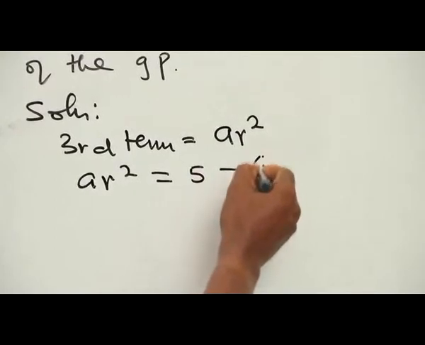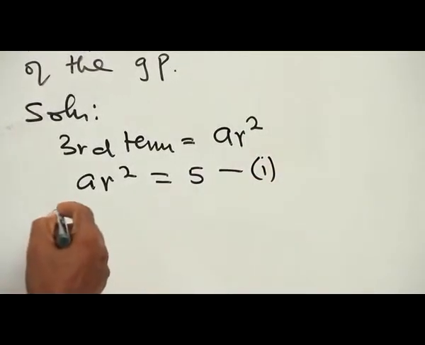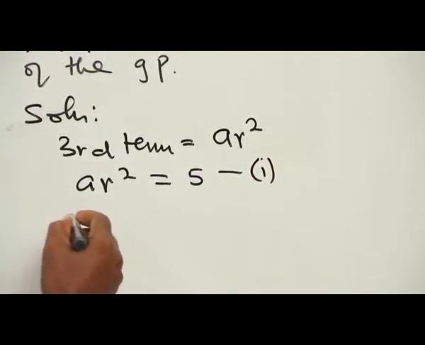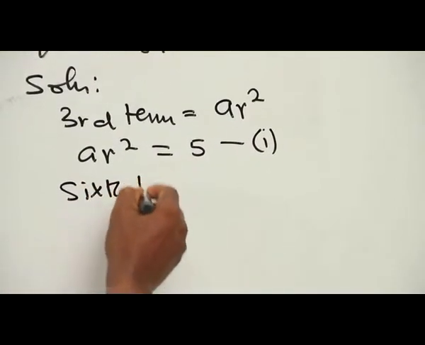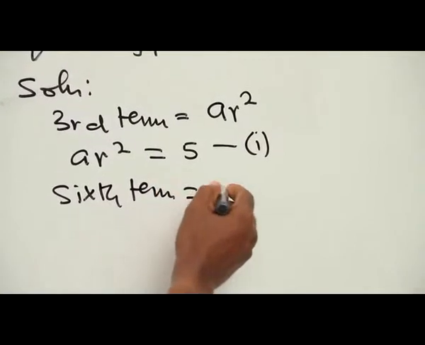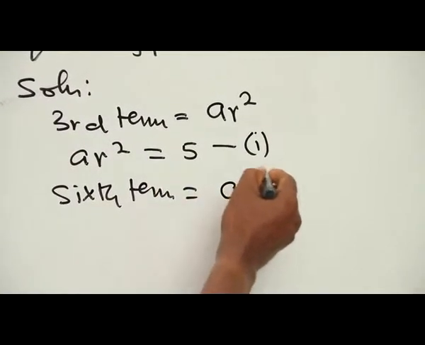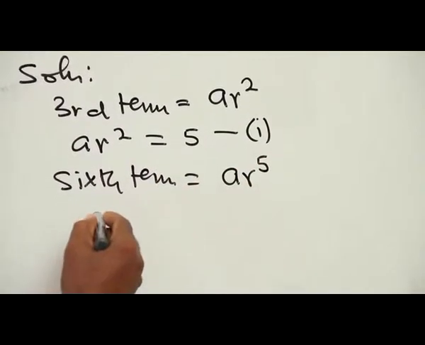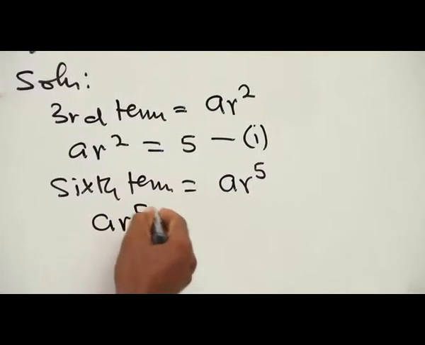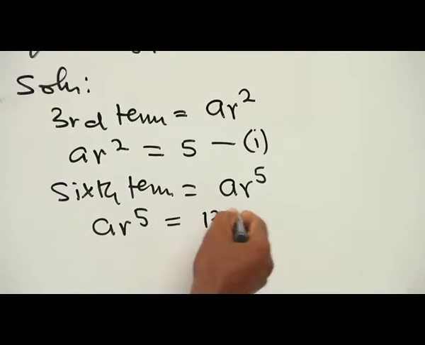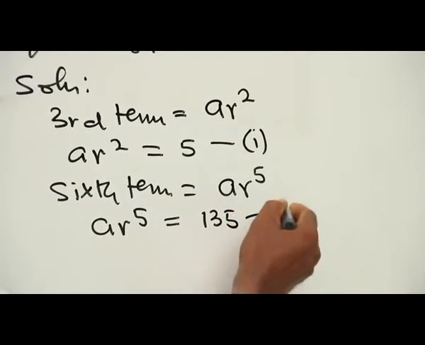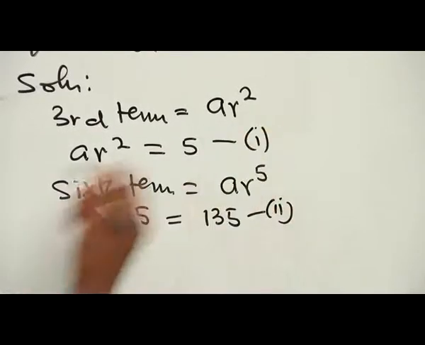This is your first equation. Then the sixth term is equal to a r raised to the power 5. So we can have our a r raised to the power 5 is equal to 125. So this is our second equation.